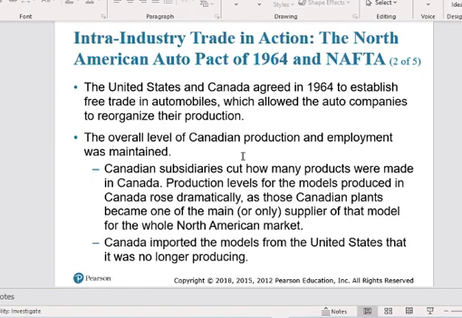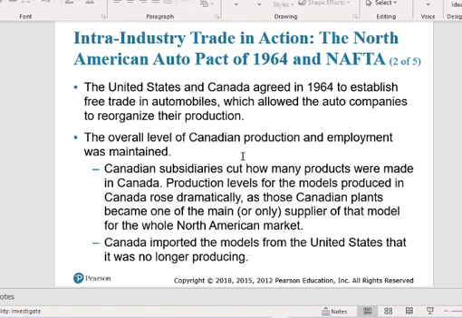Before trade, most people were afraid that the US was more productive. So if Canada opened its border and opened its trade, then the Canadian worker may not be able to compete with the US automobiles because they are more productive, they're cheaper, they're more skillful.